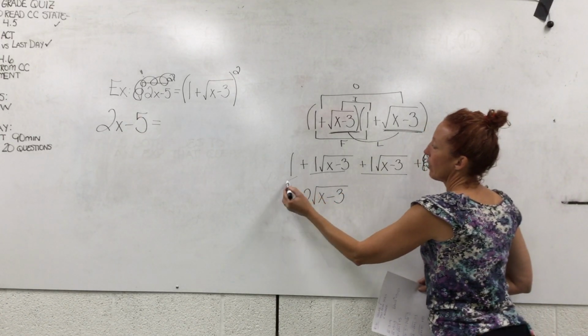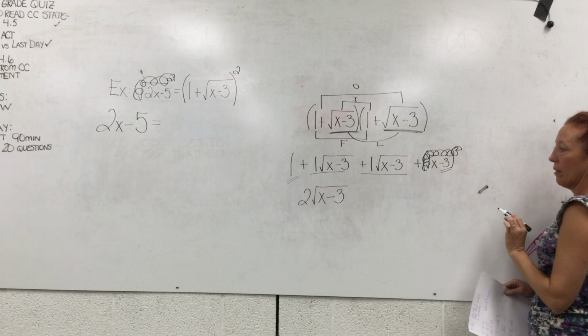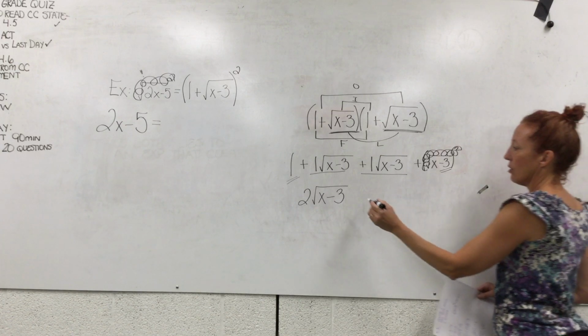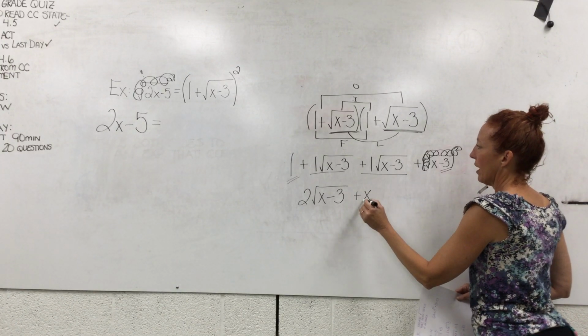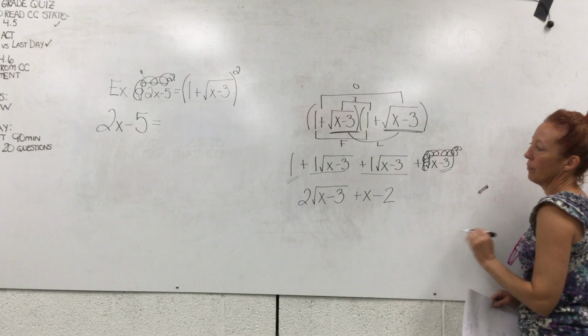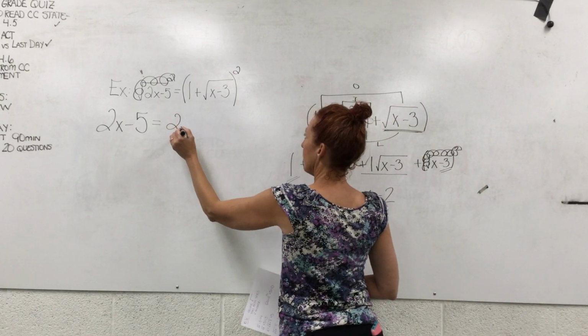I have a 1 right here, and I have a negative 3 right here, and I have this plus x right here. There is no other just x term, so I'll go ahead and write that down, and then 1 minus 3 is a negative 2. So this is what I get after I FOIL.